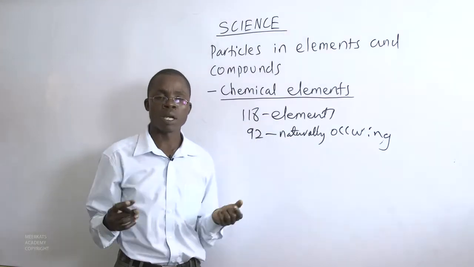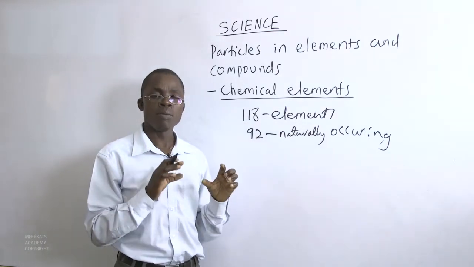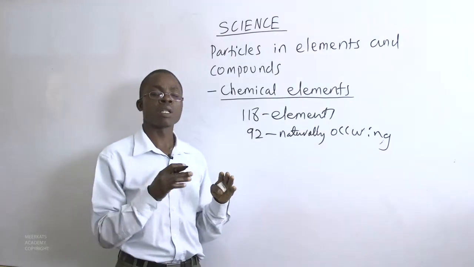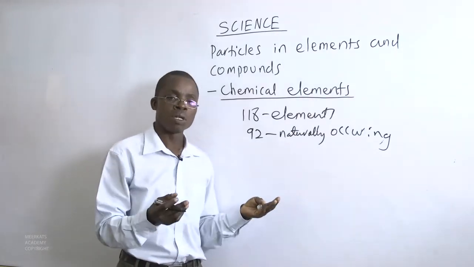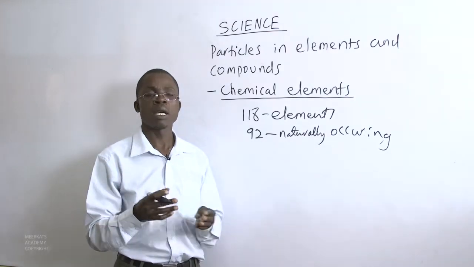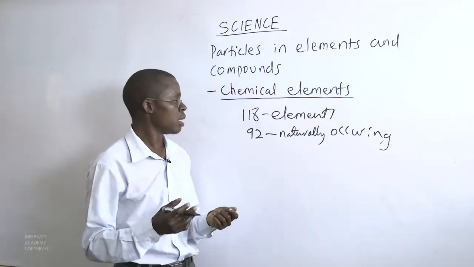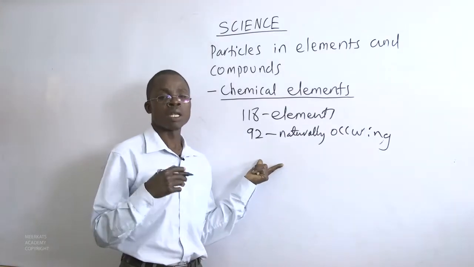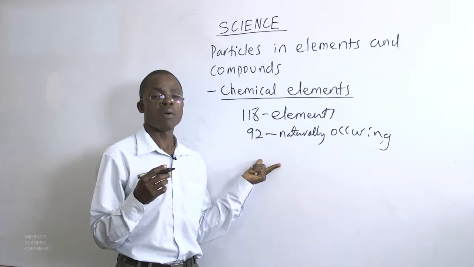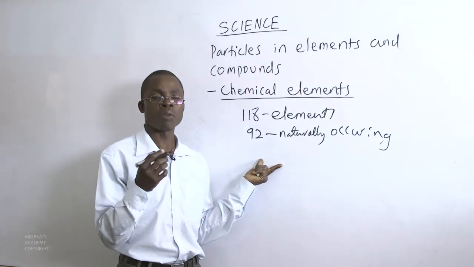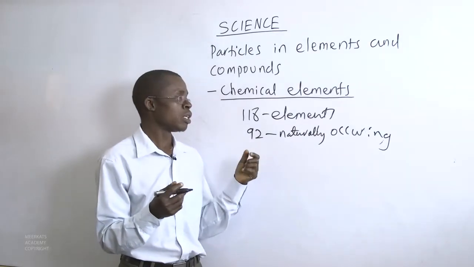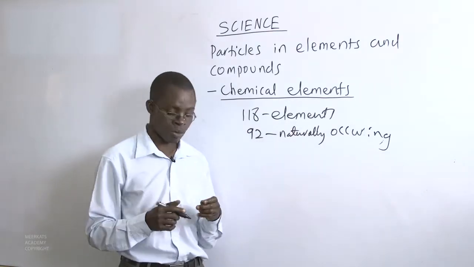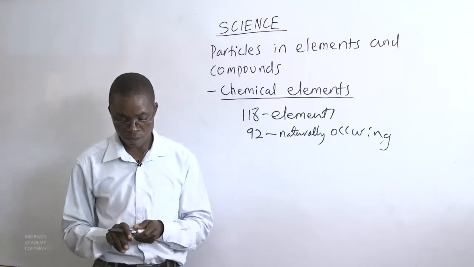Remember, in radioactive decay, the element that is undergoing the decay breaks down and gives out other different elements and other particles plus energy, and some of those elements will have a very short half-life, making them rarely occurring. But the 92, we can always get them.